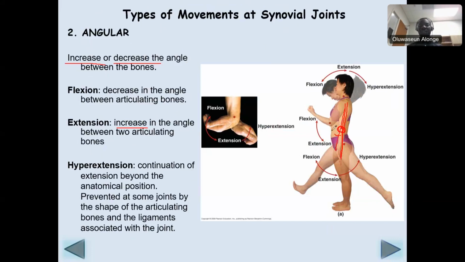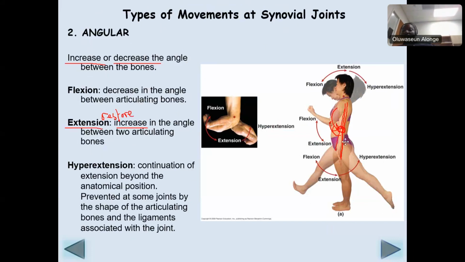When you flex your elbow, you are reducing the angle at this junction, and that is flexion. When you restore it back to the original 180, that is extension. So extension does not mean increasing the angle. Extension simply means to restore the angle.